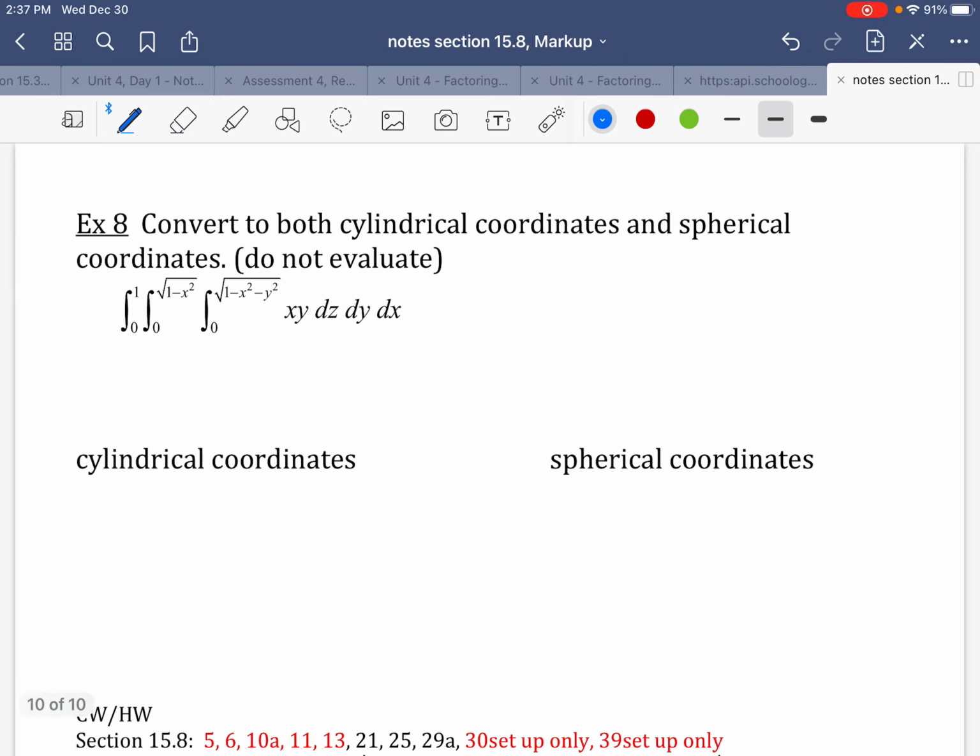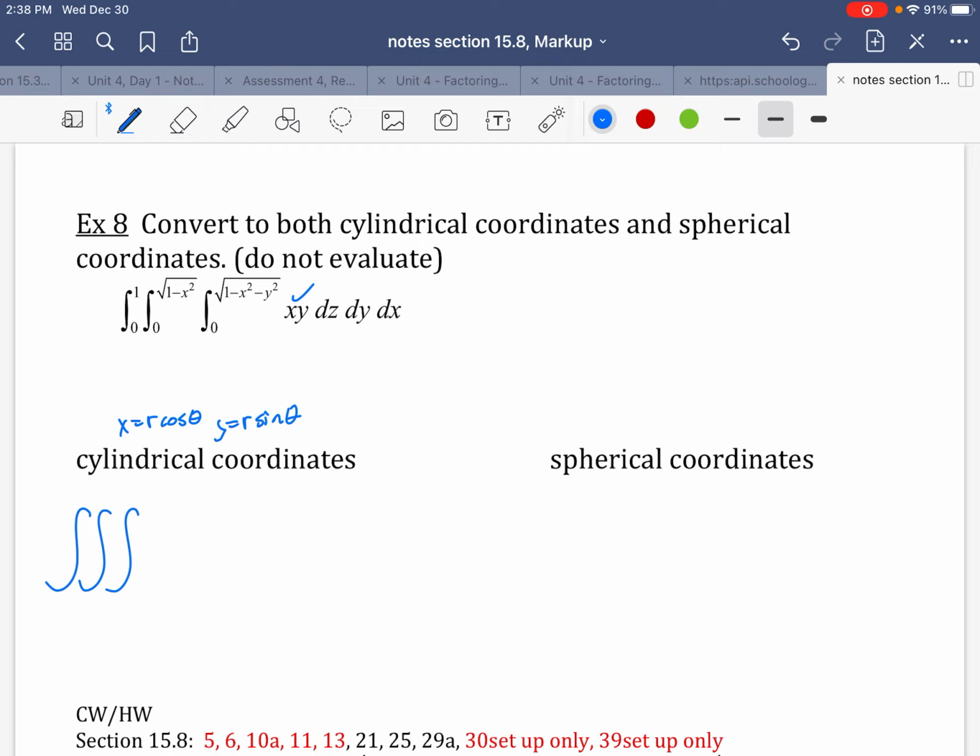All right, now one last problem. We're going to convert this to both cylindrical and spherical, so we need to think of our shape. For cylindrical, I'm going to have the integral, and remember, x is r cosine theta, y is r sine theta, and I have to put my own r with that.